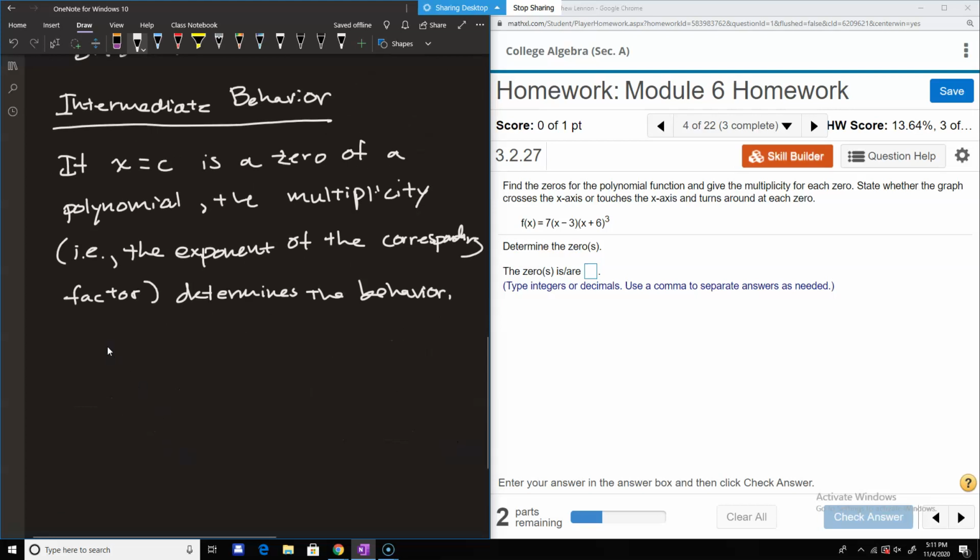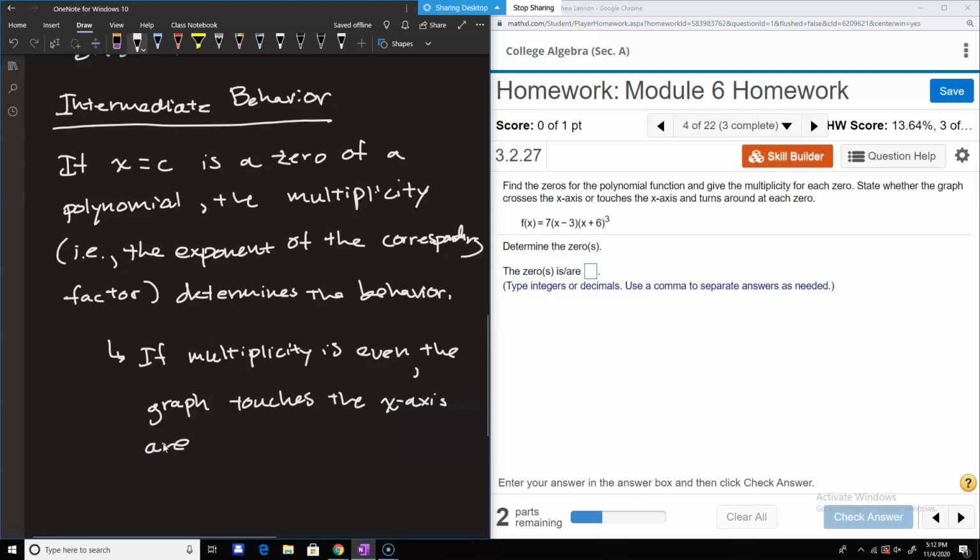So, if the multiplicity is even, the graph touches the x-axis and turns around.